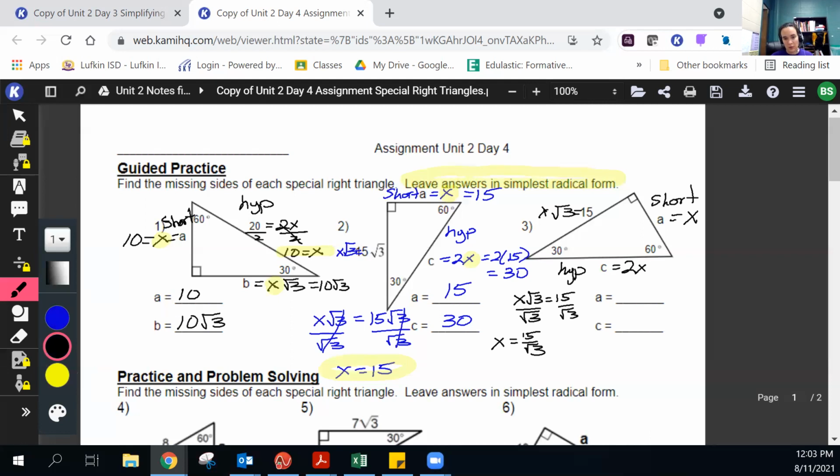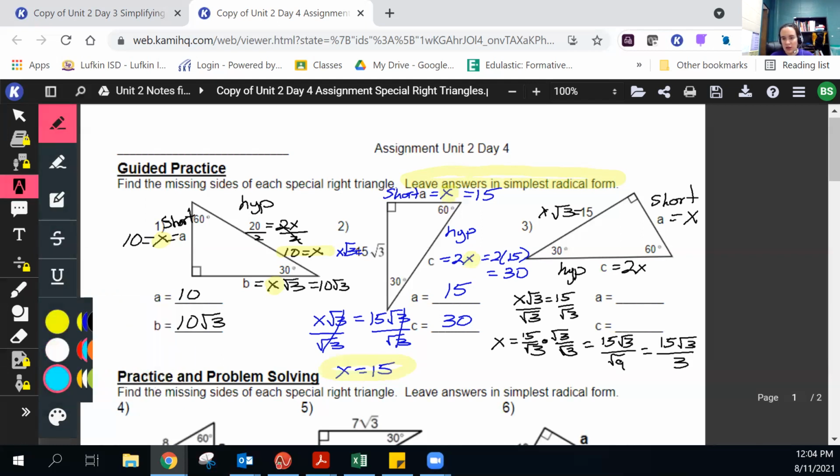So we need to multiply by square root of 3 over square root of 3. We're multiplying across, remember, so that gives us 15 square root of 3 over the square root of 9. 9, not 3, sorry. Then take the square root of that 9, and that's 3. So we've got 15 square root of 3 over 3.